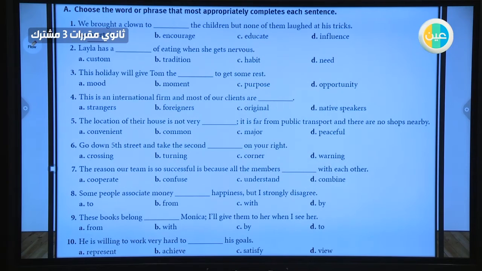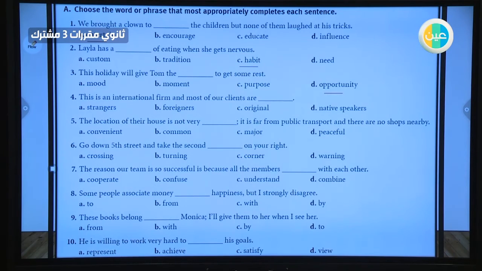Layla has a custom, tradition or habit of eating when she gets nervous. What do you think? Okay, habit, because Layla, just Layla, I'm talking about a person, not custom. Custom is when I talk about a group, society, community, okay? And this holiday will give Tom the chance or the opportunity to get some rest.